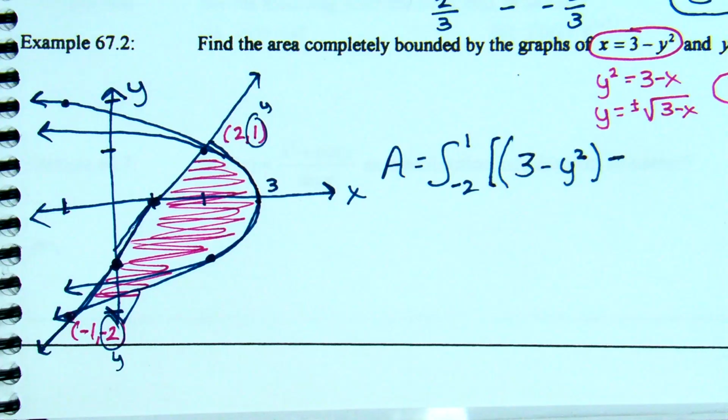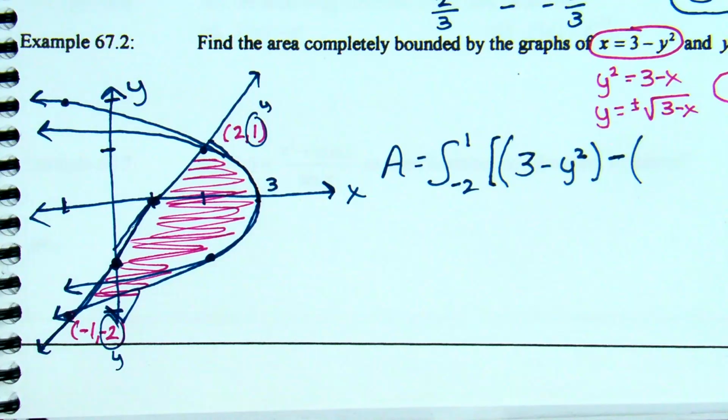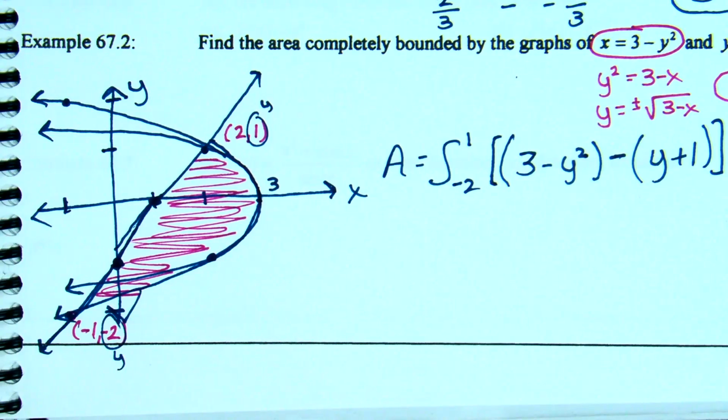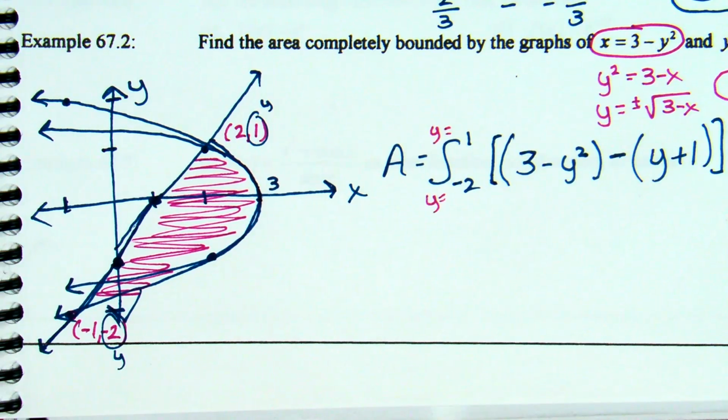Notice I'm using parentheses, yes. Minus, what's the other function? y plus 1, because you have to use the x equal version. So we had to do the work on that one. y plus 1. Got it? And these were y values again. Are we okay with that setup?